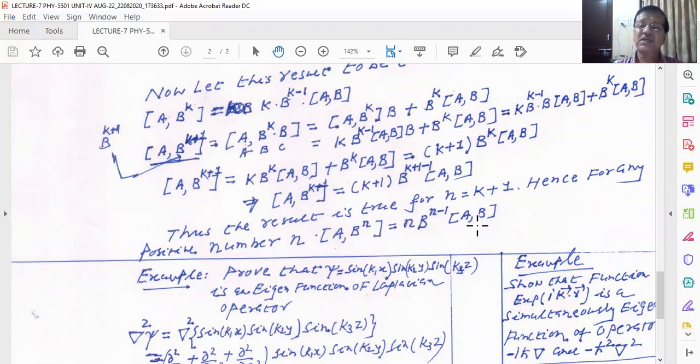So this particular problem gives you practice to solve commutator relations. Please concentrate, and I request that once my class is over, you derive it by yourself. I have shown the method and discussed each step in detail.